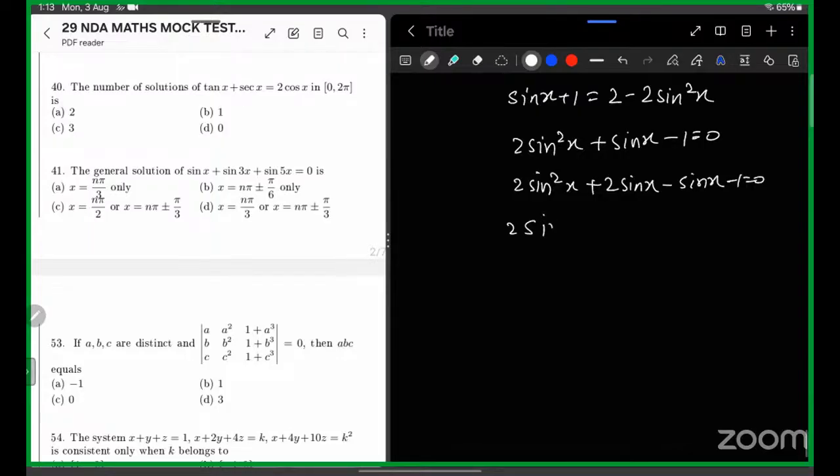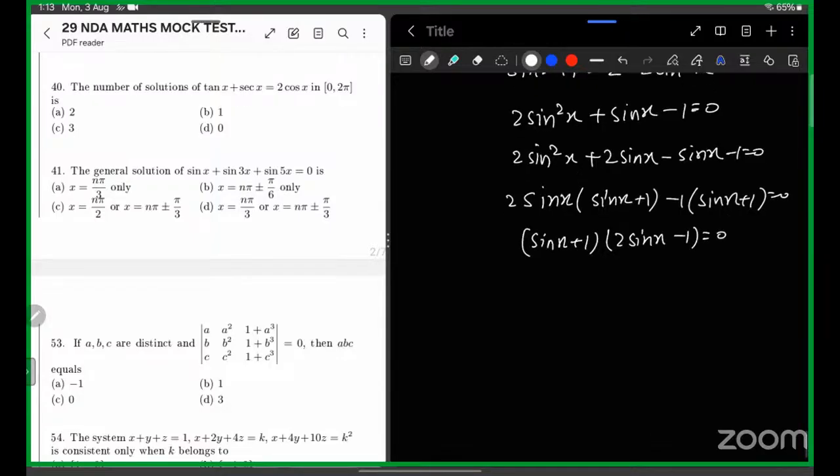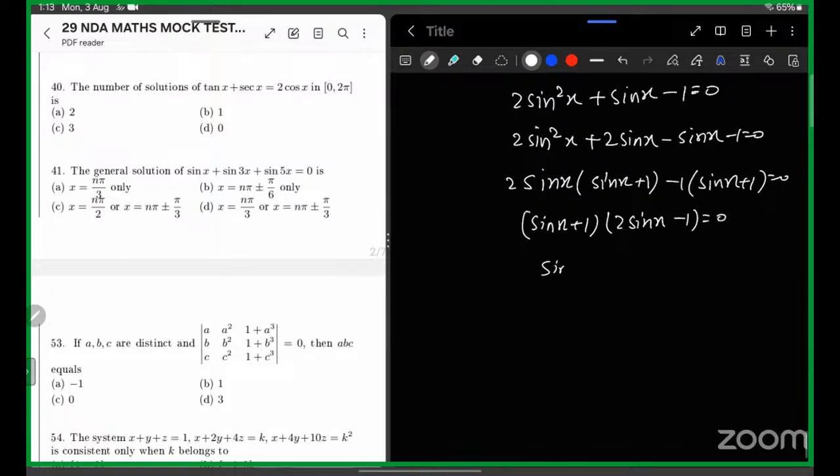If I take 2 sin x common, I am going to get sin x plus 1 minus 1 into sin x plus 1 equal to 0. Taking sin x plus 1 common, I will be getting 2 sin x minus 1 equal to 0.